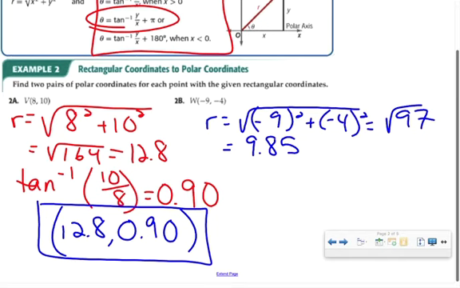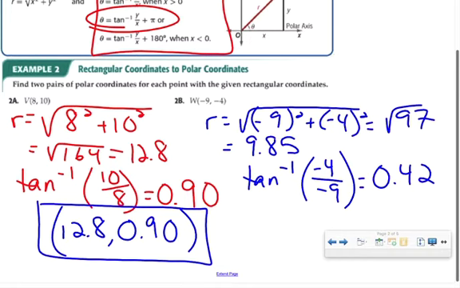And then I'm going to take the inverse tangent of y over x. So negative 4 over negative 9. Now in your calculator, there's no need to type in both of those negatives. I would hope that you'd realize that negative over negative is positive. So I'm taking the inverse tangent of 4/9. And my calculator spits back 0.42.